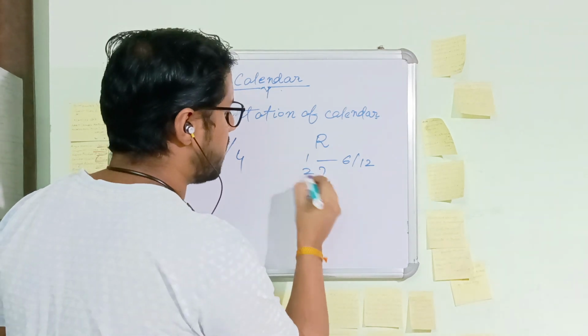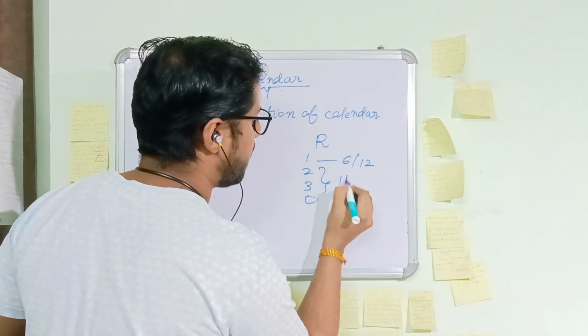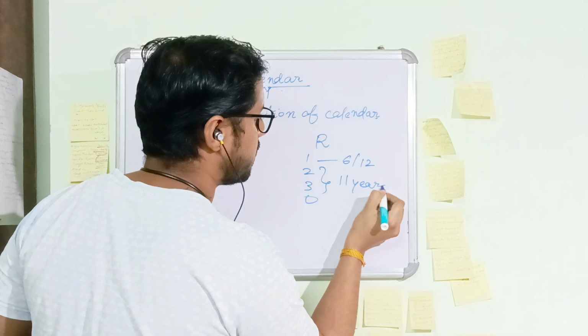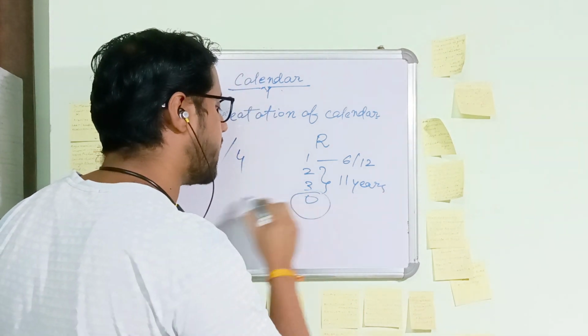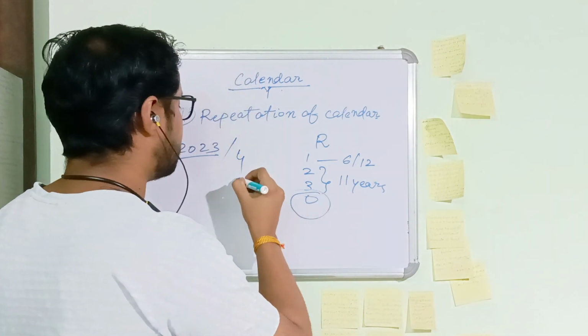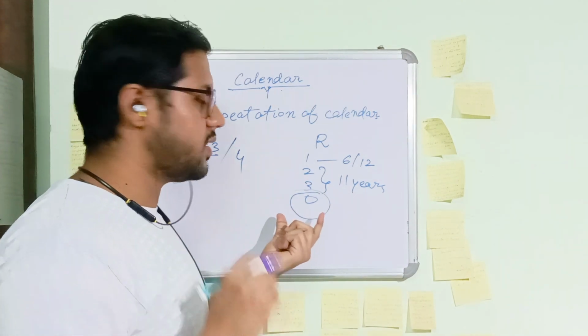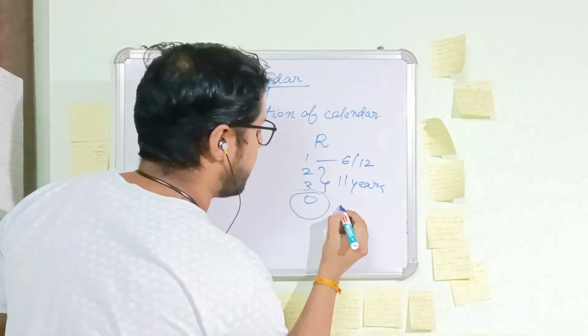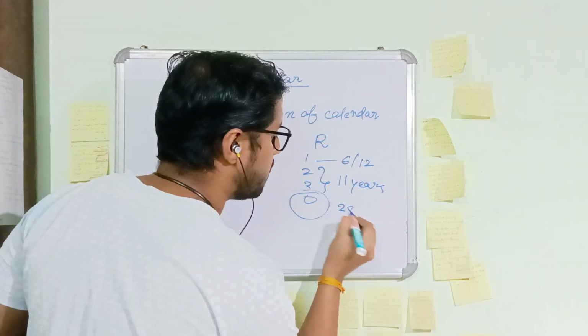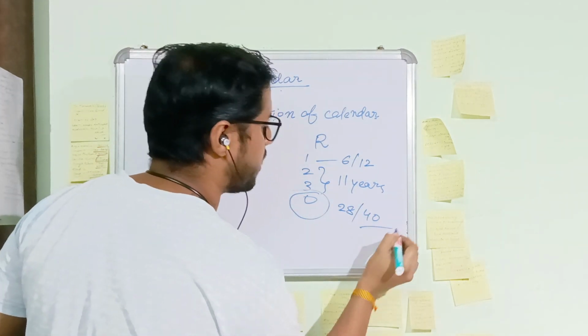If you get a remainder of 2 or 3, that year will repeat after 11 years. And if you get remainder 0, it means the year is a leap year, and that year will repeat after 28 or 40 years.